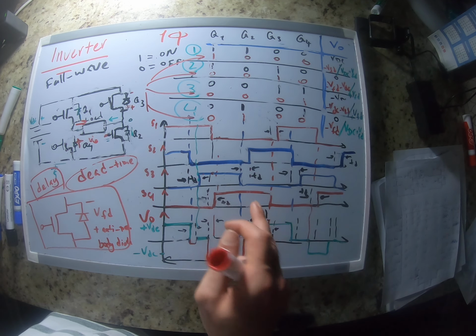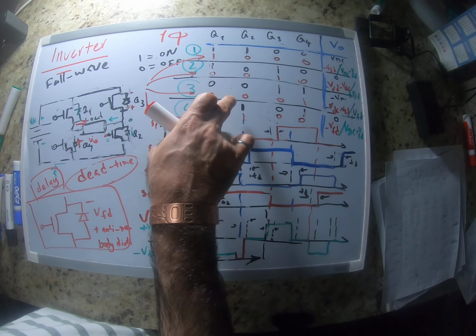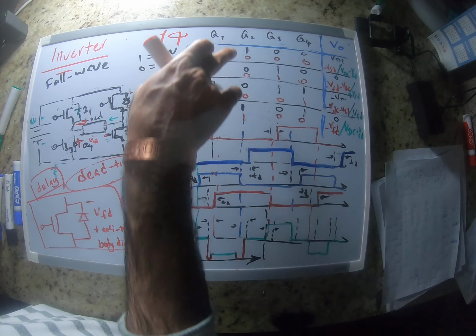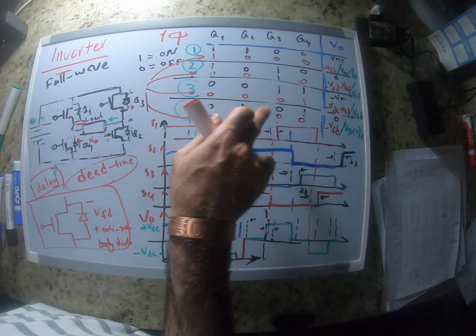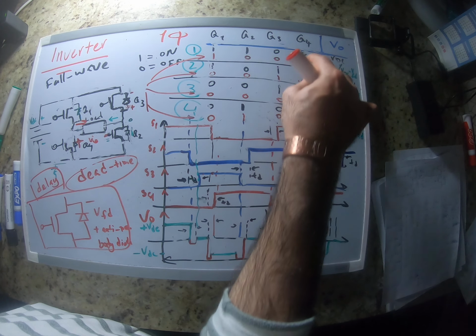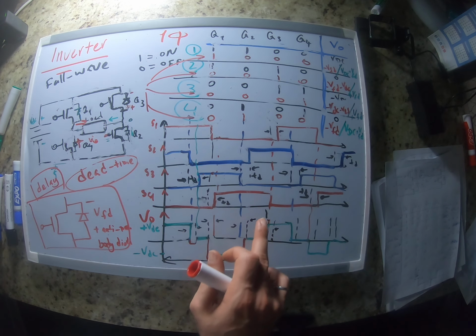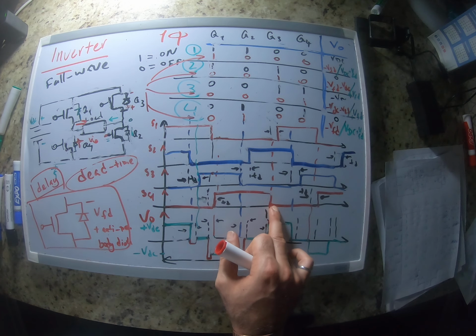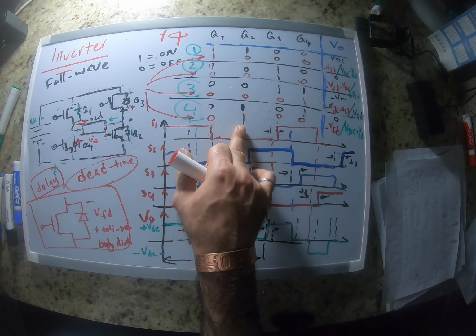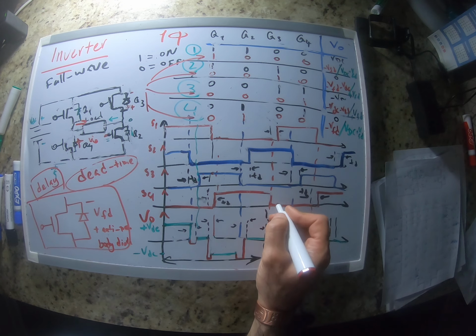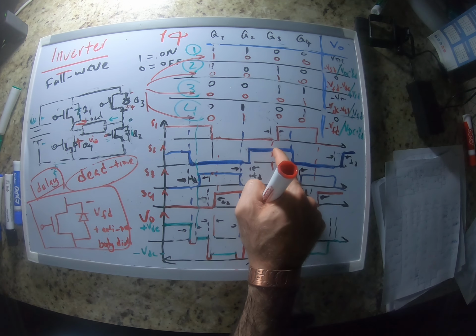Another dead time. We want to go from this state to this state, right? So we want to turn 4 off and turn 1 on. Before doing that, we turn 4 off, right? The only switch that we have on in this dead time is going to be switch 2, right?